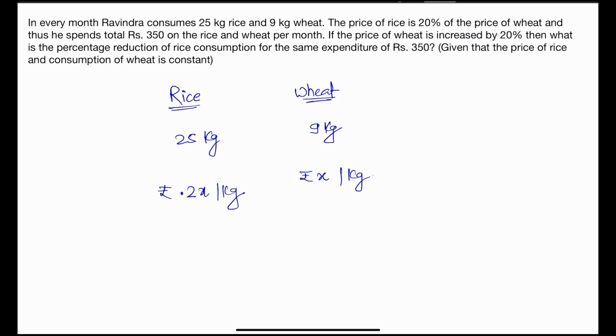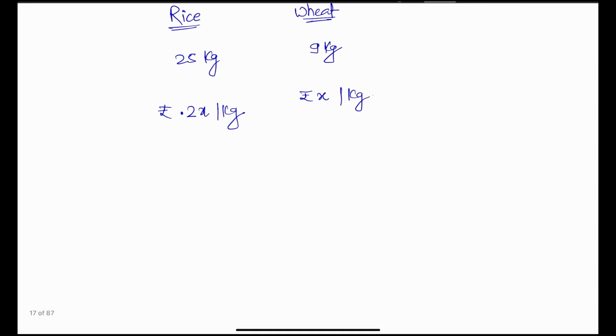The price of rice is 20% of wheat, and thus you spend a total of 350 rupees. If I calculate the expenditure, it will be 25 into 0.2x, which is 5x, plus 9x, so it will be 14x, and this 14x is nothing but 350 rupees on rice and wheat per month.